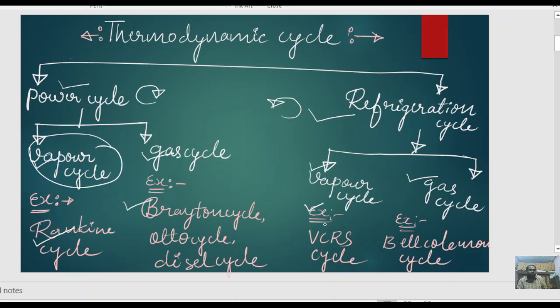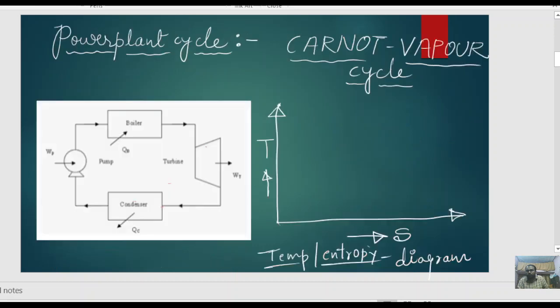For the gas cycle, the example is the Bell-Coleman cycle. Okay, this is the broad picture of the total thermodynamic cycle. In this class, we learn in detail about the vapor power cycle. Let's start the vapor power cycle.